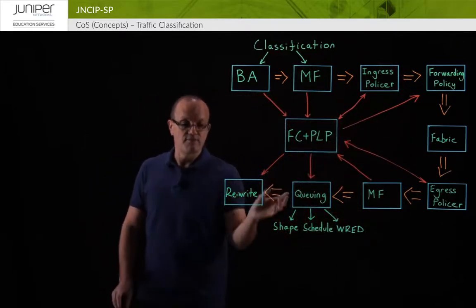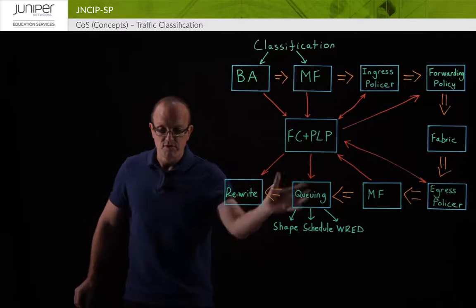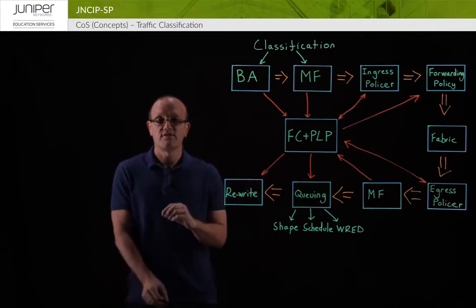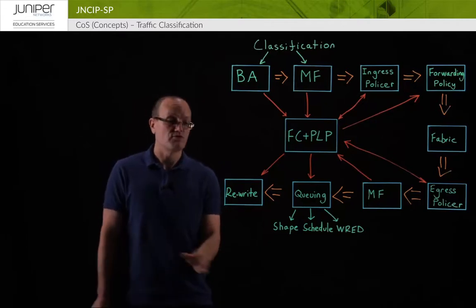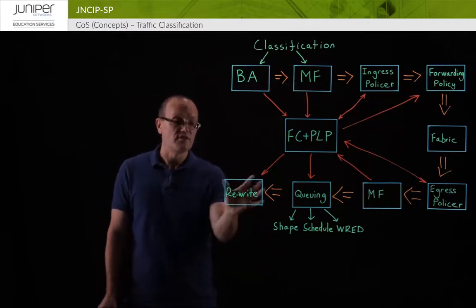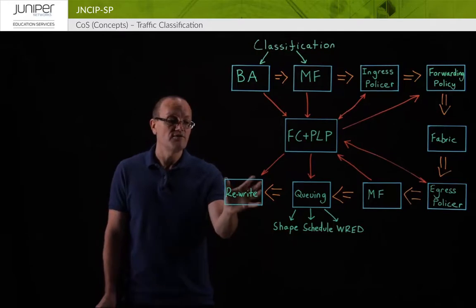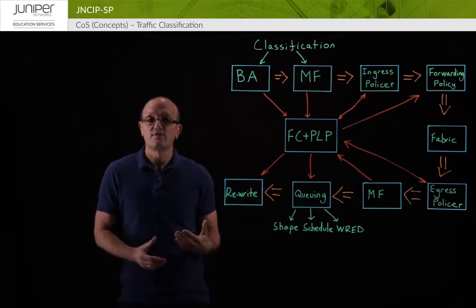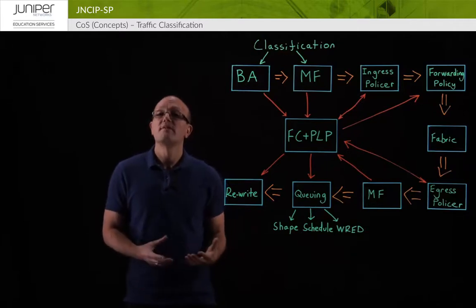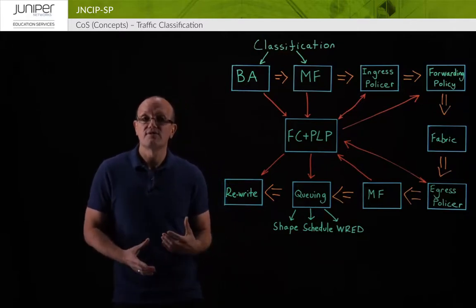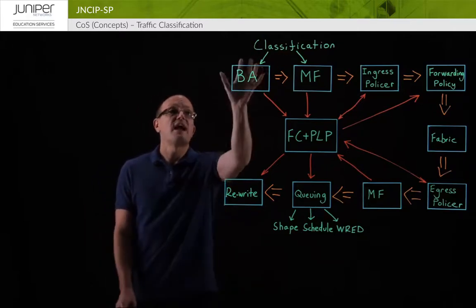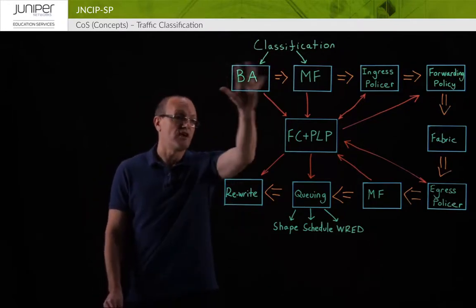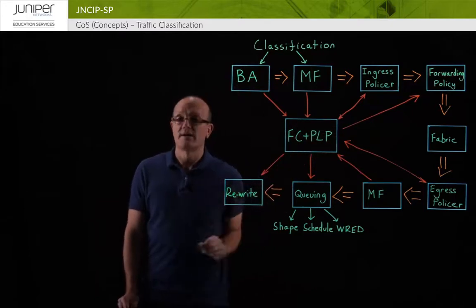Then, as the traffic is pushed out of the egress interface to downstream devices, we perform what's called traffic rewrite using rewrite rules. And using rewrite rules, we set certain values within the packet, within the frame, and those values can then be used by behavior aggregate classifiers on downstream devices to set the forwarding class and the packet loss priority.